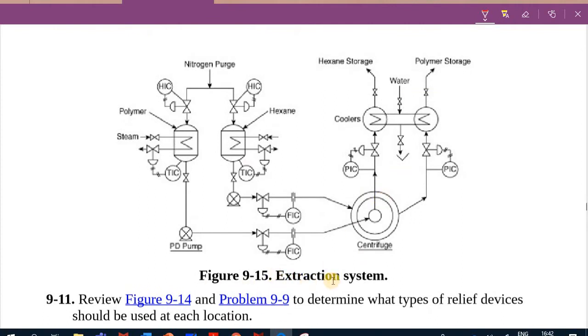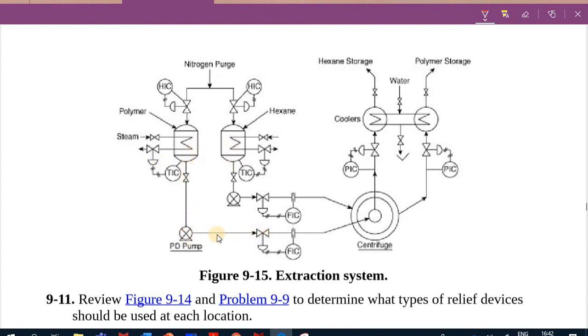Now let's go to figure 9.15. In figure 9.15 we have something really different. We have two vessels, polymer vessels, and we have the steam getting in, and we are trying to control the temperature, and this is the controller that I have trying to control my liquid inside here.